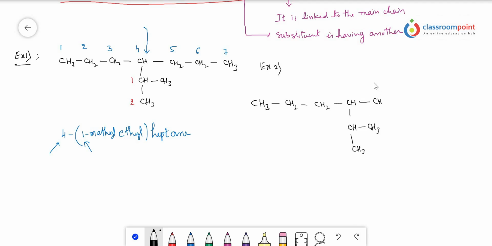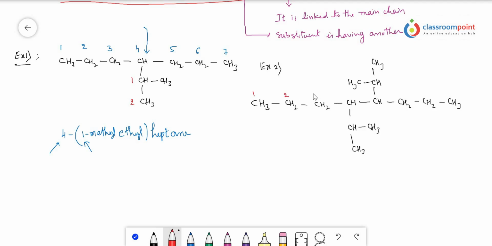Next, CH, again CH, CH3, CH3. Afterwards, again I will continue, CH2, CH2, CH3. Now select the longest chain with the most carbon atoms.